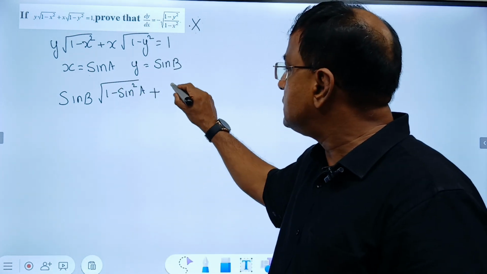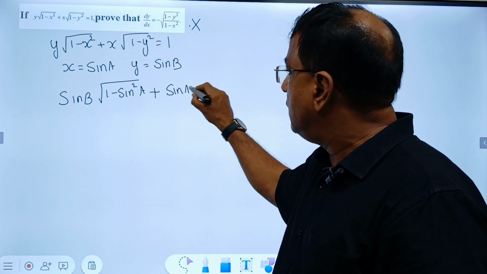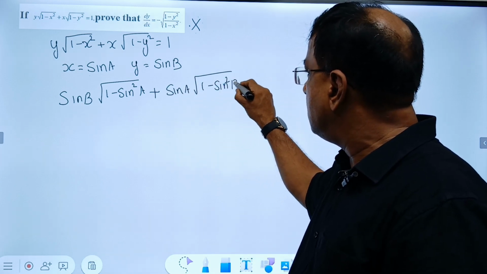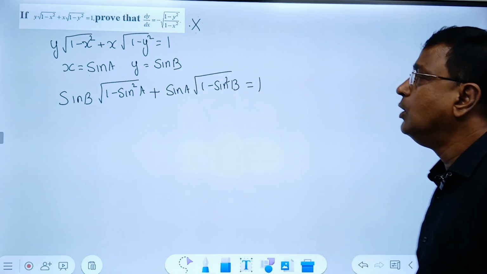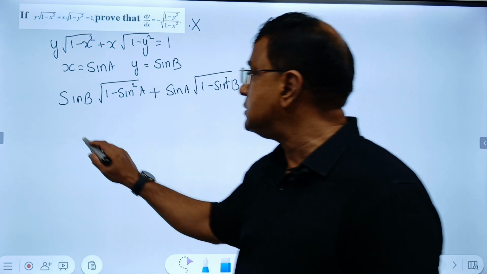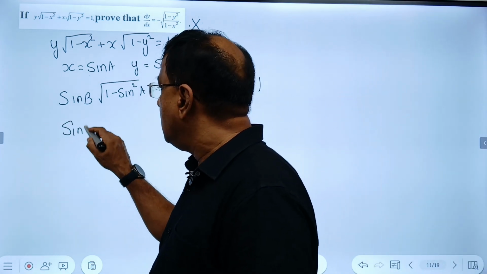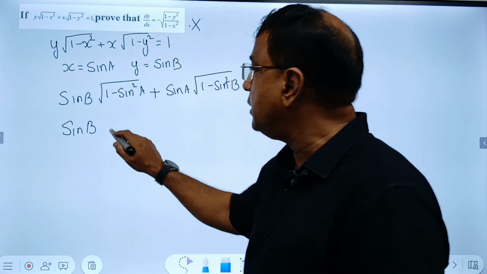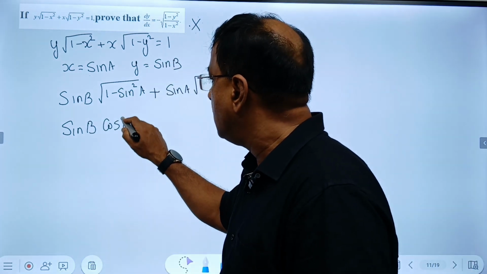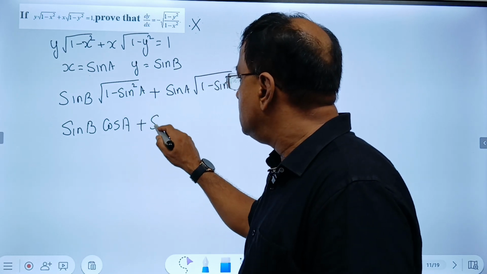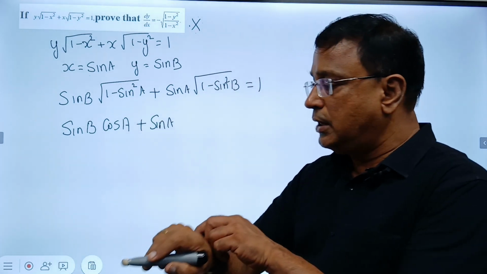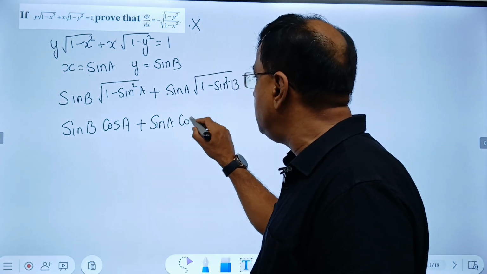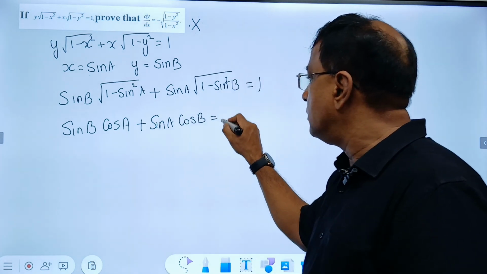And what is x? x is sine A into root of 1 minus sine square B equal to 1. So now clearly you can see this is sine B and 1 minus sine square A is cos square A. Root of cos square A is cos A plus sine A into 1 minus sine square B is cos square B. Root of cos square B is cos B equal to 1.